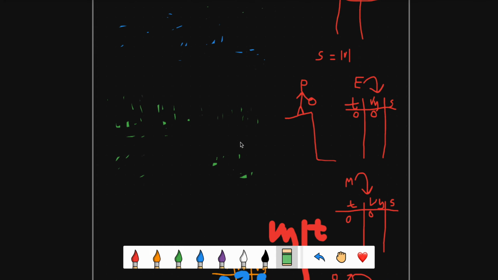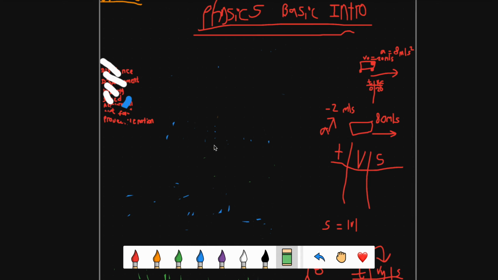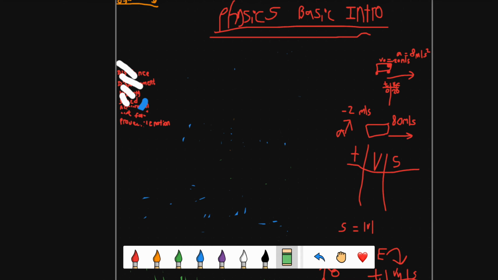Now let's talk about elastic potential energy. I don't remember the formula, but let's say you stretch a rubber band by 200 newtons.